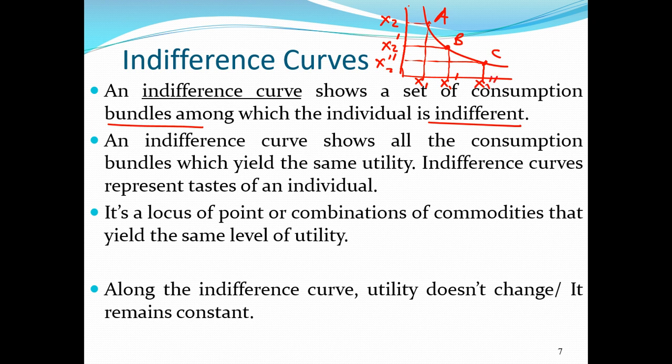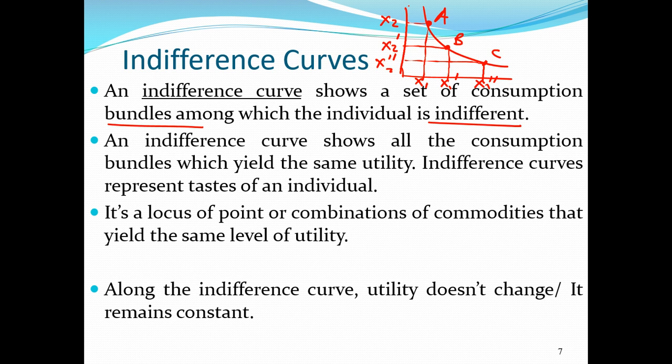What we're saying is that if this is indeed an indifference curve, then the consumer is indifferent among these three bundles. If you give the consumer bundle A, he's going to be happy. If you give him bundle B, he's also going to be happy. If you give him bundle C, the same. In short, he's indifferent among these bundles.